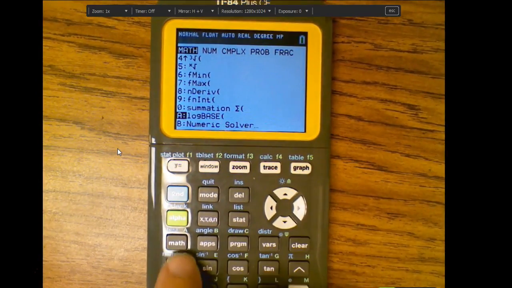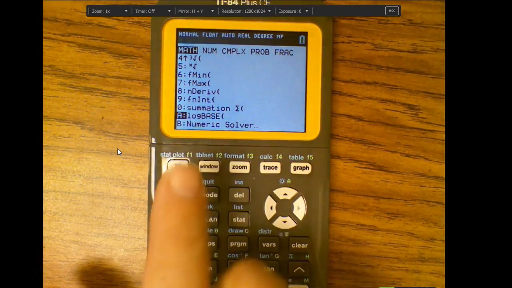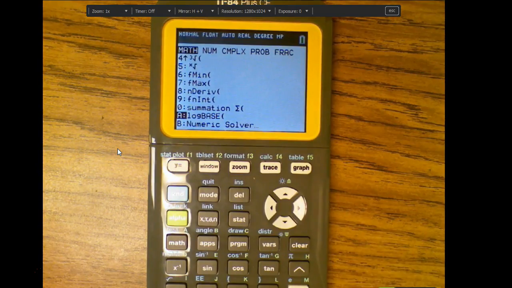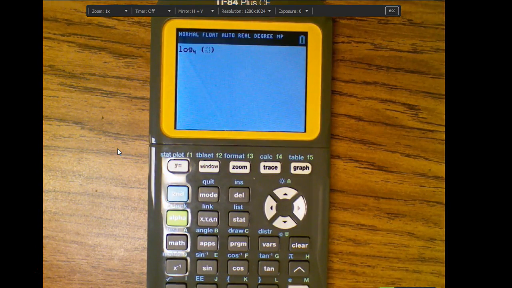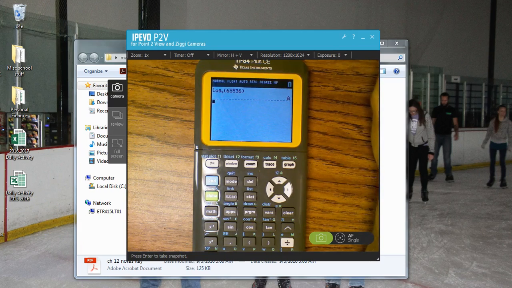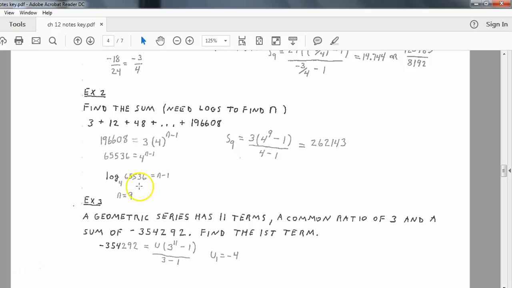So I went into the math button, and then I scrolled down to the one that says log base. Choose that. We had a base of 4, and then 65,536. Hit enter, and there we go. We got 8 as our solution. So again, keep in mind for this one in particular, if this is equal to 8, to get n by itself, I'm going to add that 1 over and get 9 as my answer. So that is not a hard way to go.